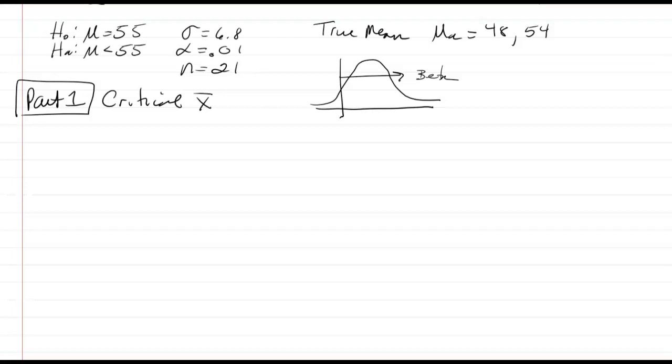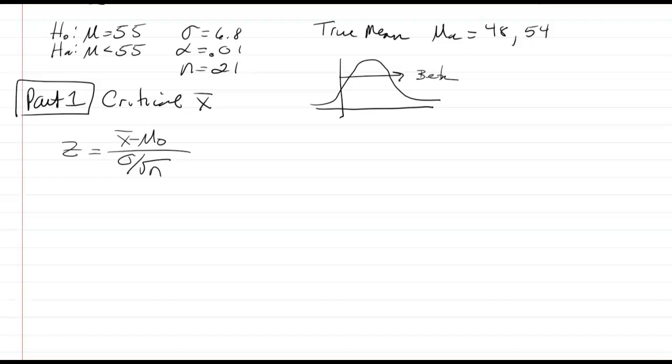Now, to find your critical Xbar, you're going to use the formula you're very familiar with. But this time, we're going to use our critical value for our z-score.